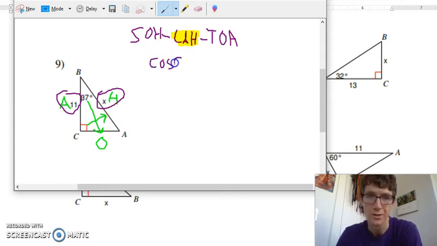Remember that the cosine of theta, of an angle, is always equal to the adjacent over the hypotenuse. So our theta is 37.